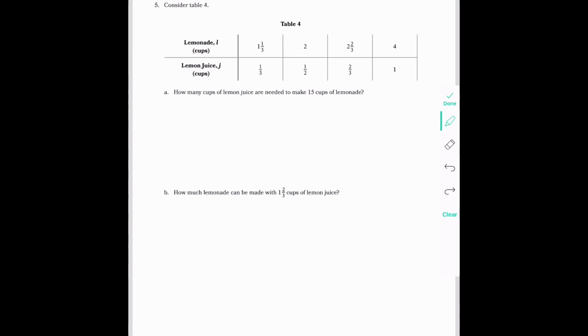So once again, we know that the equation for this table was this was X and this was Y. So that means that J equals 1/4 L, right? So it says how many cups of lemon juice are needed to make 15 cups of lemonade.